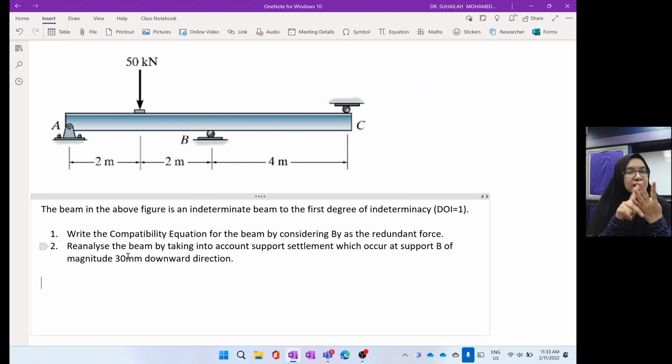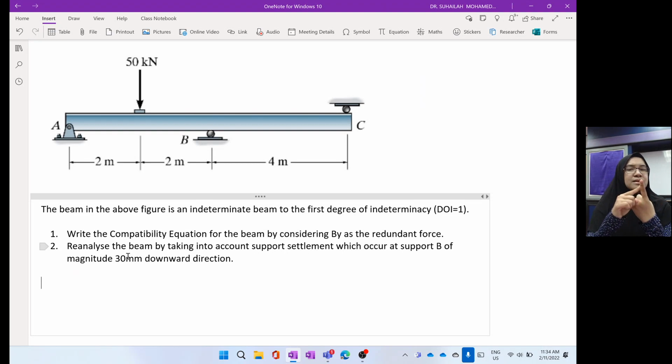Okay, these 4 unknown reaction, can we calculate using equilibrium equation only? No. We cannot analyze these 4. We can only analyze 3 using equilibrium equation. So the difference is 1. So 1 is the redundant.